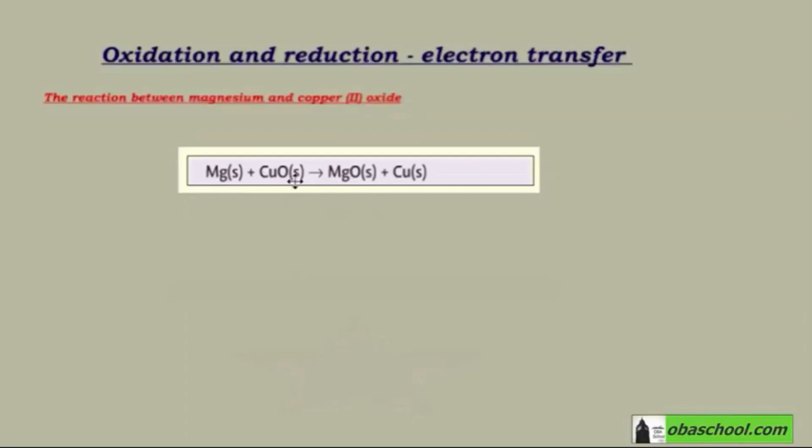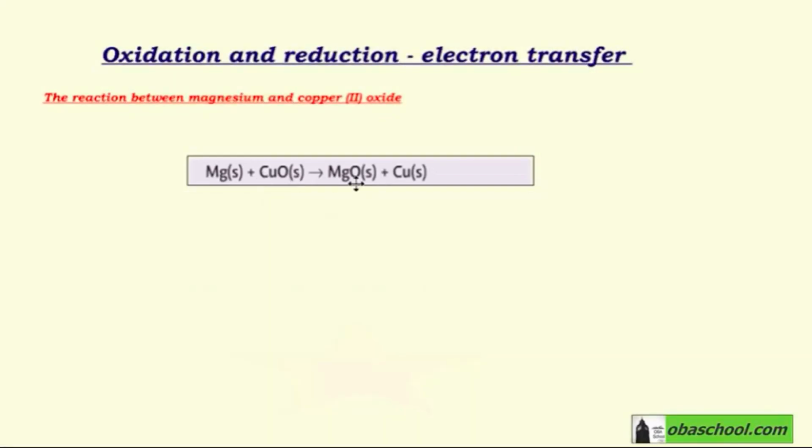Let's look at copper oxide and magnesium oxide. They contain oxide. So magnesium can be alone, and copper can be alone. Let's separate them. Copper oxide is made up of copper and oxide, and magnesium oxide is made up of magnesium and oxide.